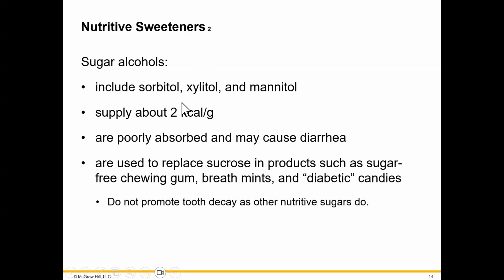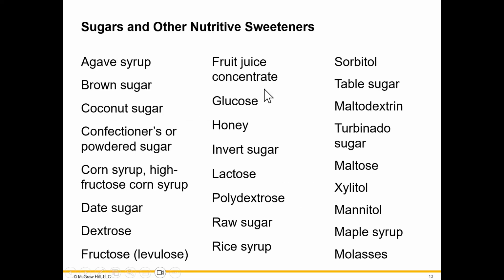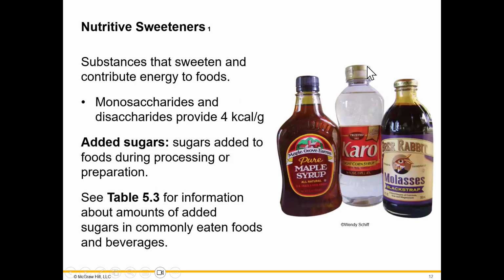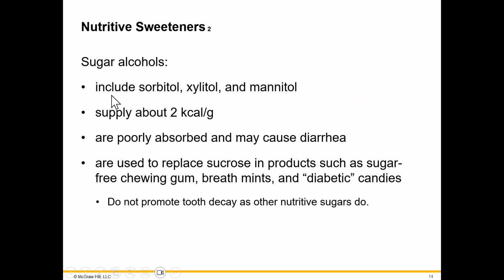They usually end in the suffix ol, as in sorbitol, xylitol, mannitol, and you see xylitol, mannitol, sorbitol here on that hidden list. Not that they're hidden, they're clearly there, but you might not be familiar with these sugar alcohol terms.